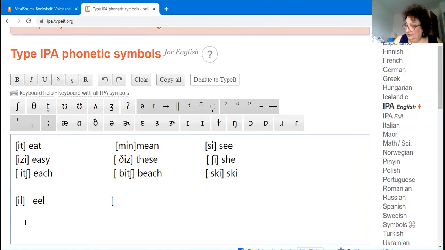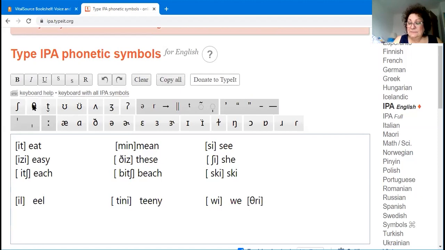And we have "teeny." E, "we." And then I can write other words.